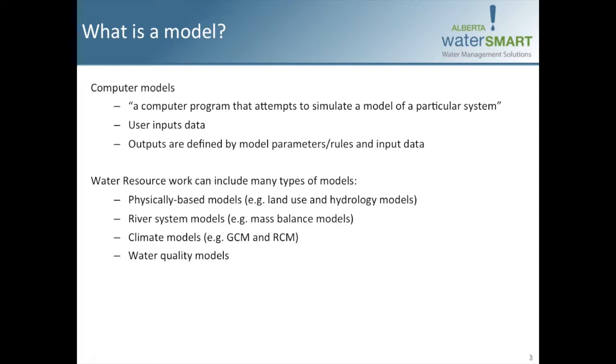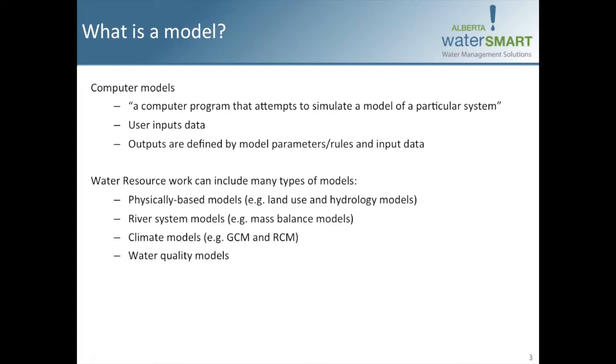Another type of model is the mass balance model or accounting model. They're fairly simple models that look at the actual flows in the river and how they're managed, how the water's stored, how it's used, where it goes, how it's diverted, and so on. There's also climate models that are used for hydrological decision support. These can be global climate models, GCMs, or regional climate models, RCMs.